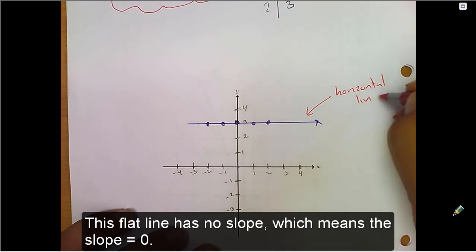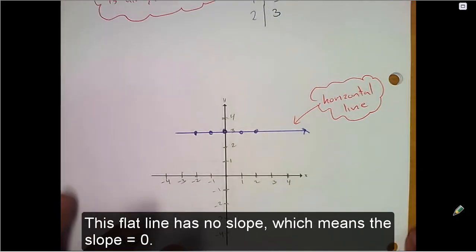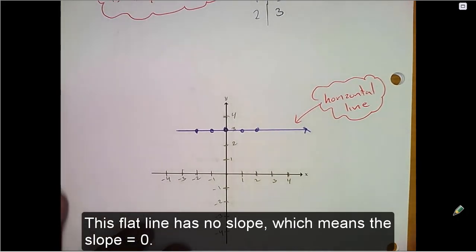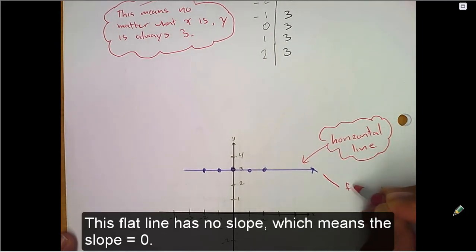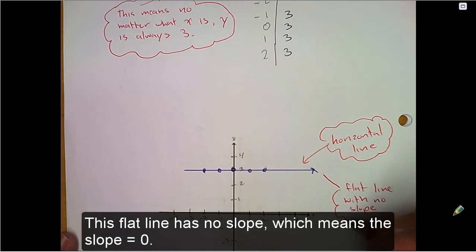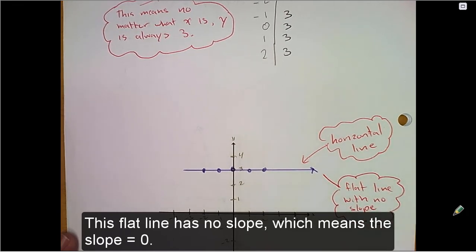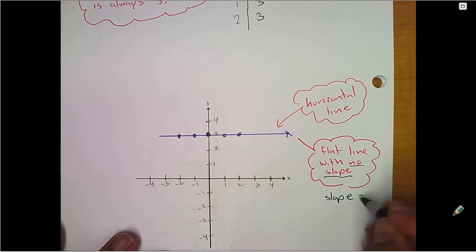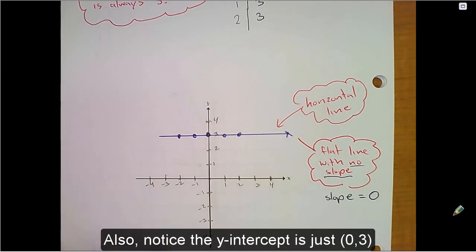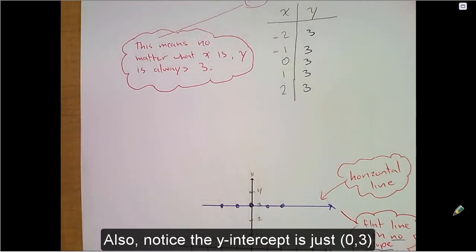This flat line has no slope, which means the slope is equal to 0. Also, notice the y-intercept is just 0, 3.